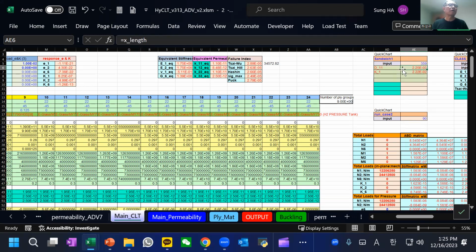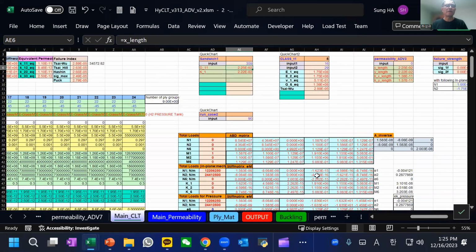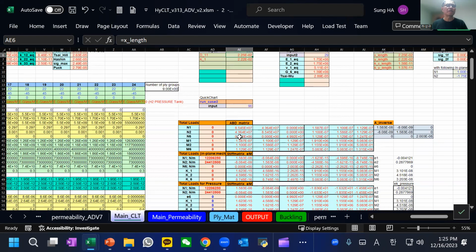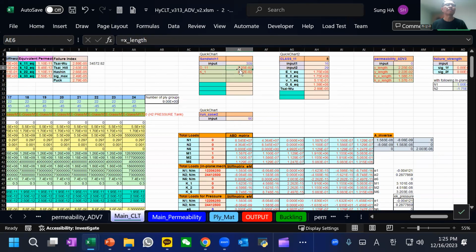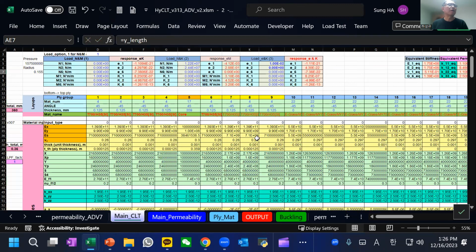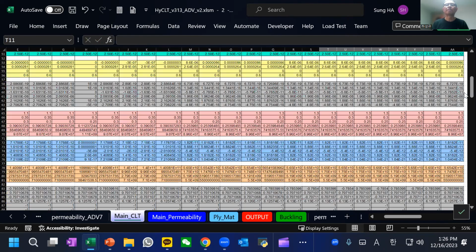So where does D11 come from? D11 comes from here, the ABD matrix, and D11 is this guy. And curvature 1, where is the curvature 1? Curvature 1 is this guy.